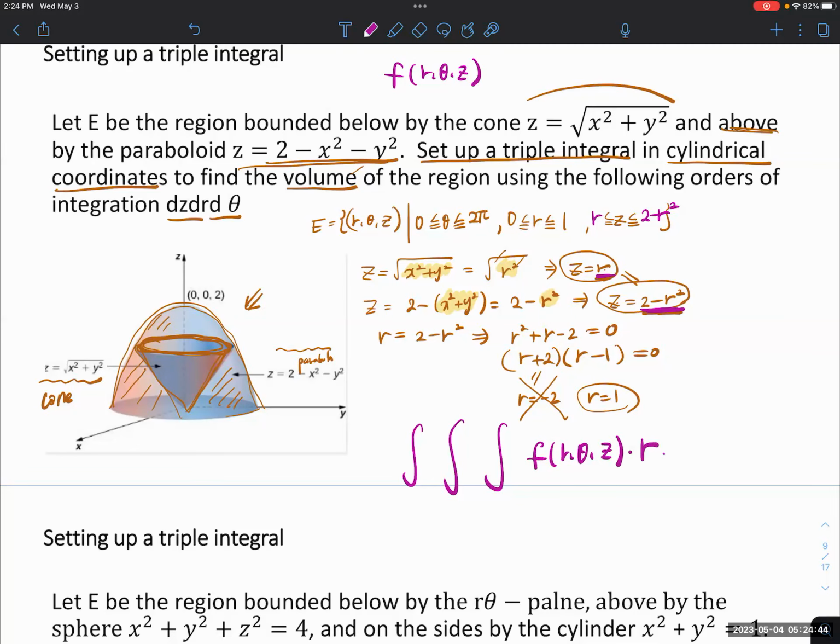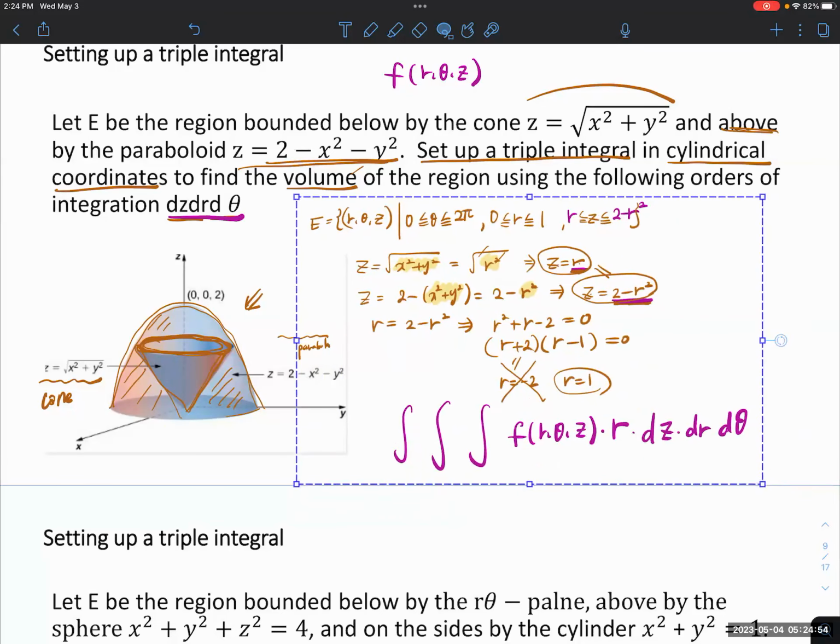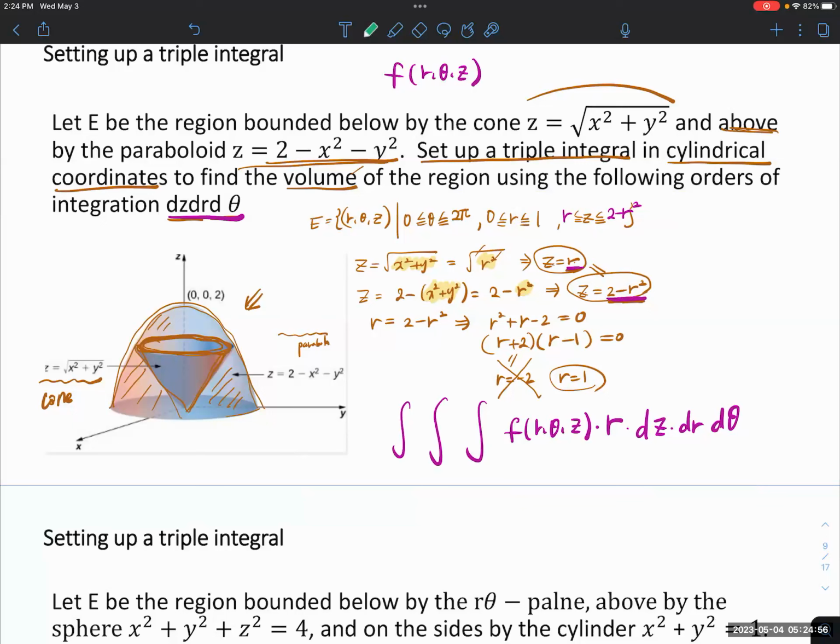And then we are using the order dz, dr, d theta, and plugging in all the information we found out. So for the z, r 2 minus r second, and dr 0 to 1 and 0 to 2 pi.